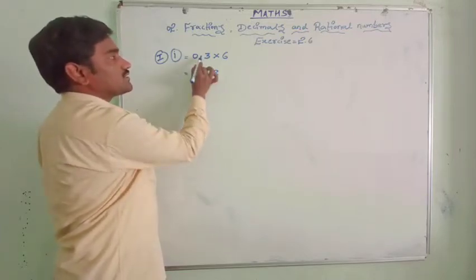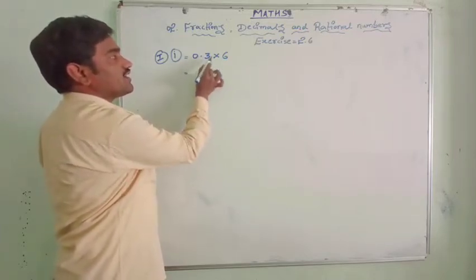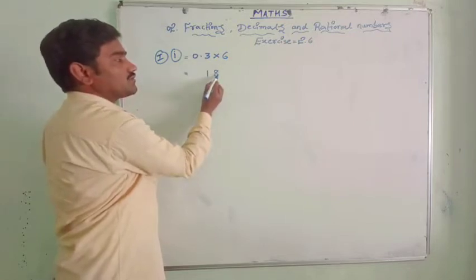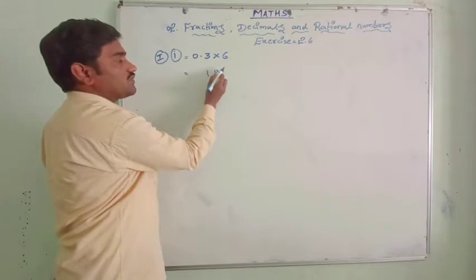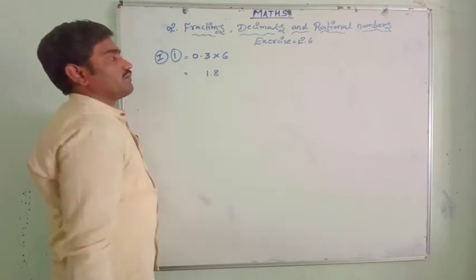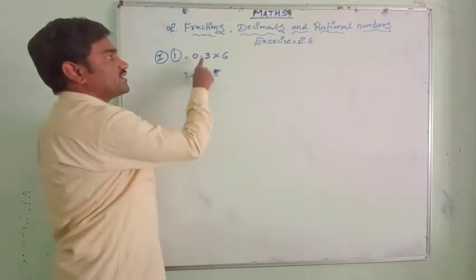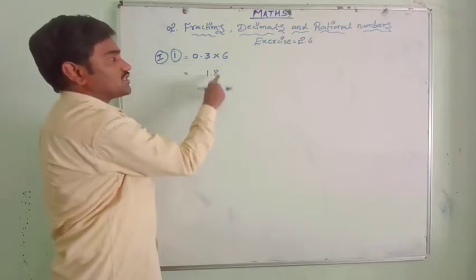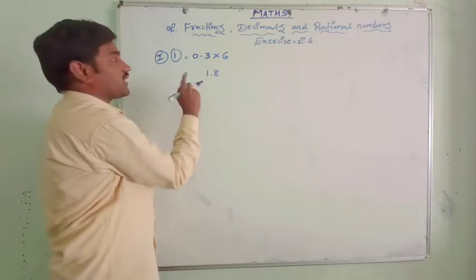See how many decimals are there. Only after the decimal, only one digit is there. So we have to count one decimal place, that means one digit from the right side. Here 1.8. So how many decimal digits are there, that we need to count. Here only one decimal digit is there, so we count one digit from the right side.